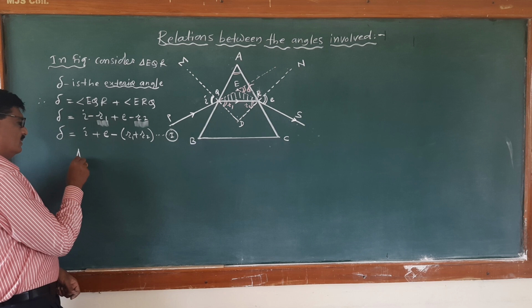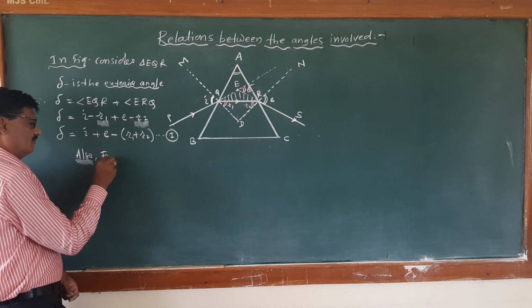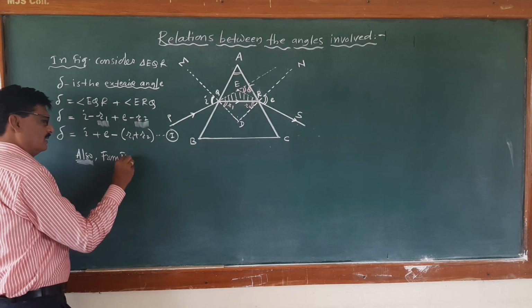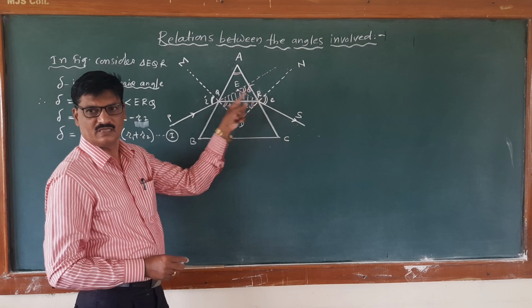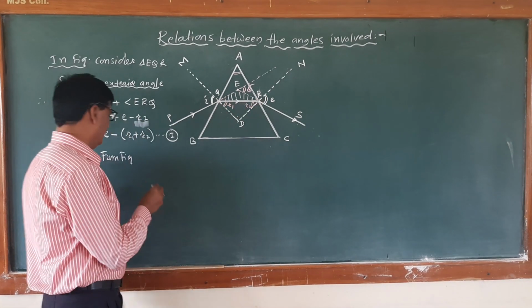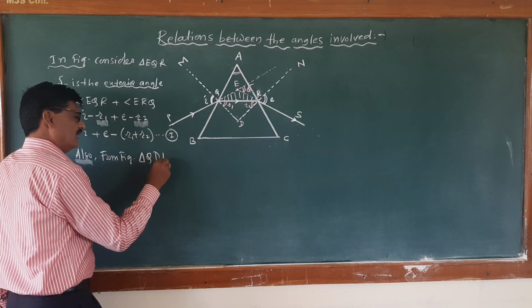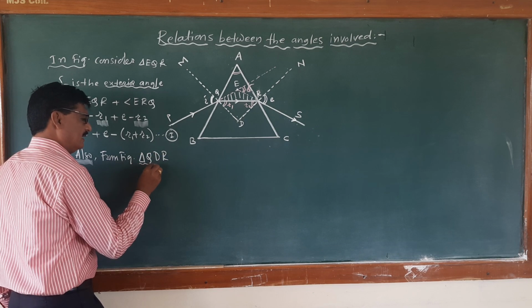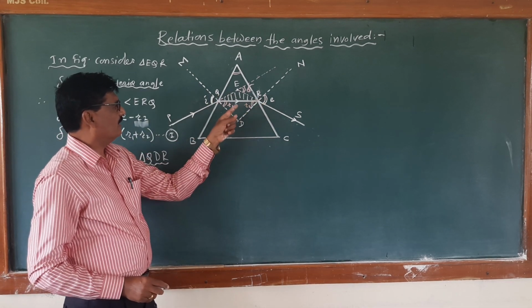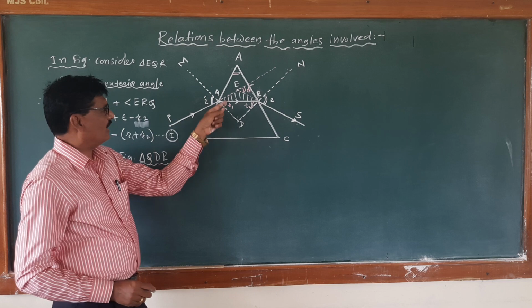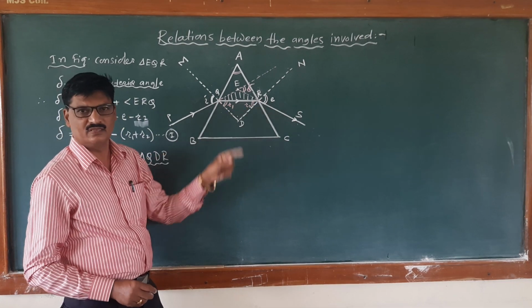Also, from the figure, consider triangle QDR. In triangle QDR, R1 plus R2 plus angle QDR is equal to how much?